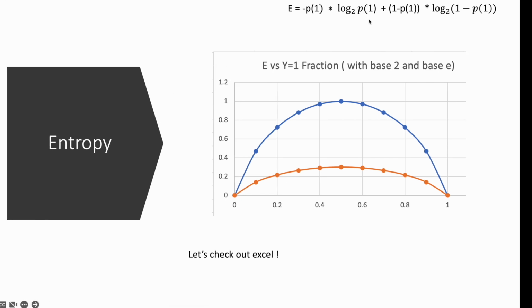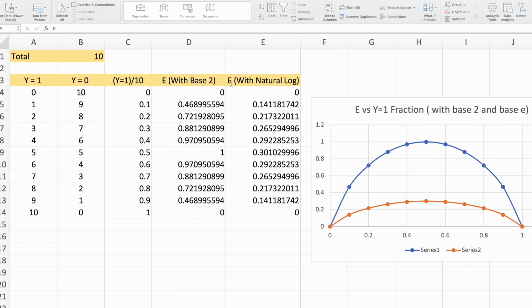Let's see that in an Excel sheet also over here. Okay, so this is the Excel sheet. This is what I was talking about. What I have taken over here is y1 equal to 0, 1, 2, 3, 4, 5, 6, 7, 8, and let's say there are 10 observations.